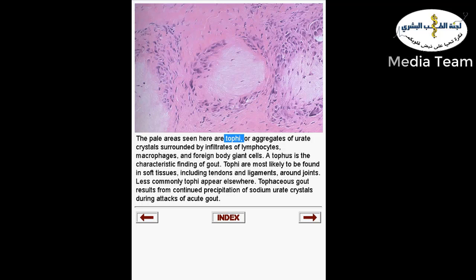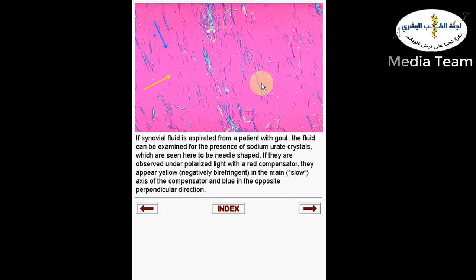Now, the most common affected joint is what? It's the big toe joint. And it deposits anywhere around the joint, in the tendons, in the joint ligaments, in the soft tissue around the joint, and they will present with severe pain in their joints.